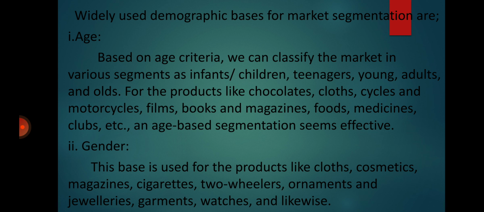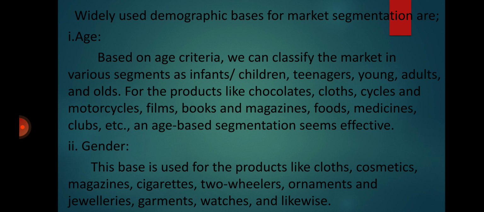The widely used demographic bases for market segmentation are: first one is age. Based on the age criteria, a marketer can classify the market into various segments such as infants or children, teenagers, youngsters, adults and olds.